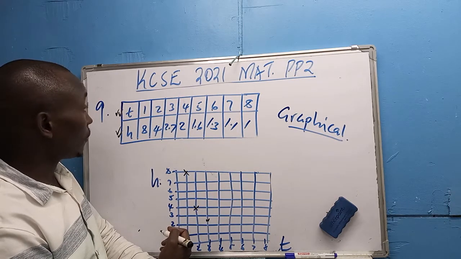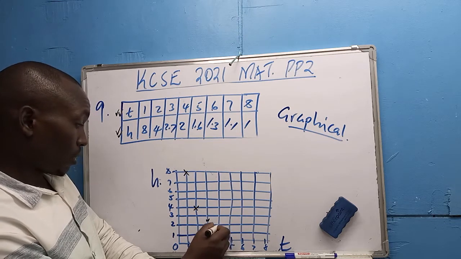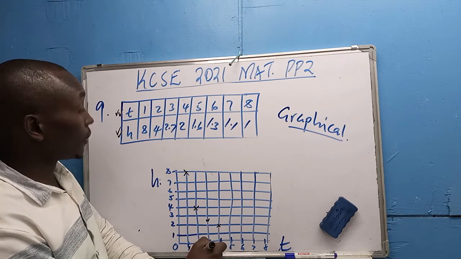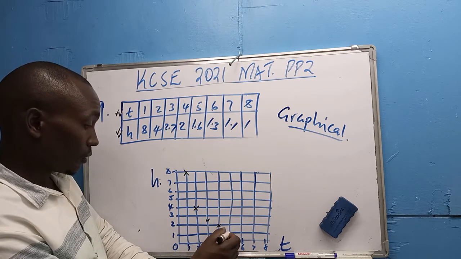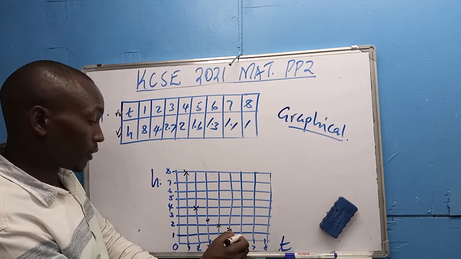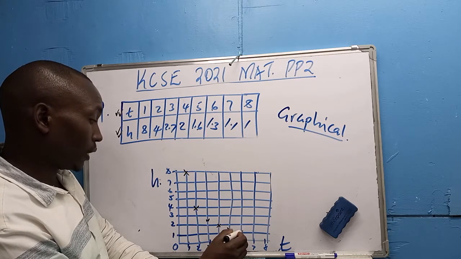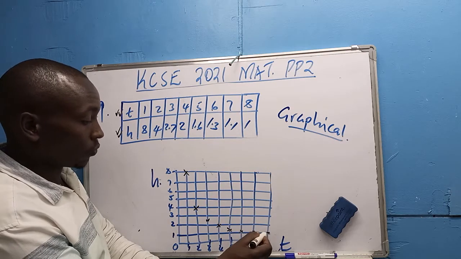When t is 4, h is 2. When t is 5, 1.6. It's somewhere there. 6 is 1.3. 7 is 1.1. Then 8 is 1.